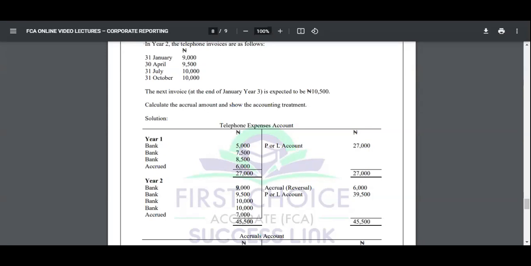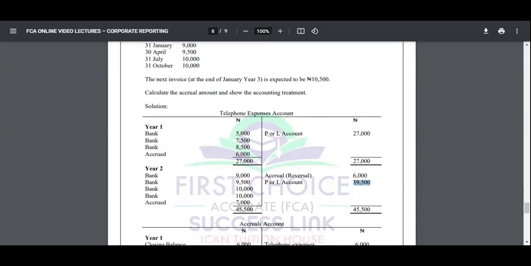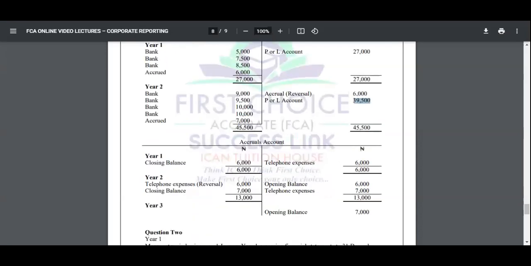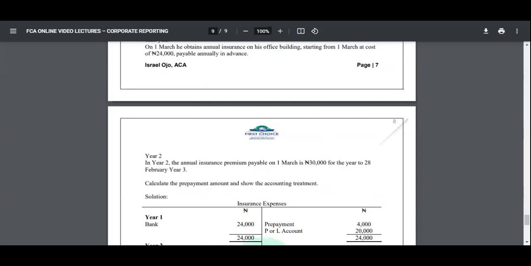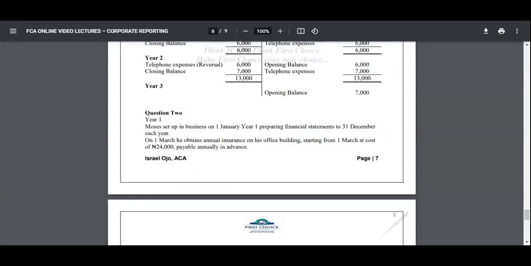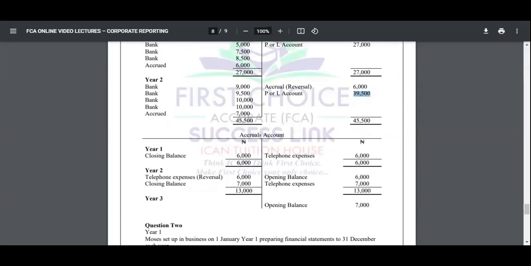By the time you add all these 3 together and subtract it from your 6,000 naira, you have your POL to be 39,500 naira. Accruals account. What do we do to accruals account? At the end of the year, we said we are owing 6,000 naira. We close it. In the beginning of the year 2, remember we have opening balance of 6,000 naira. We had a reversal of 6,000 naira.